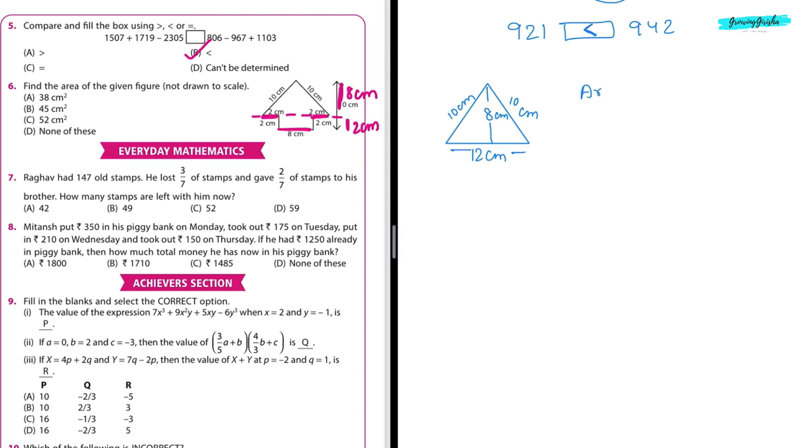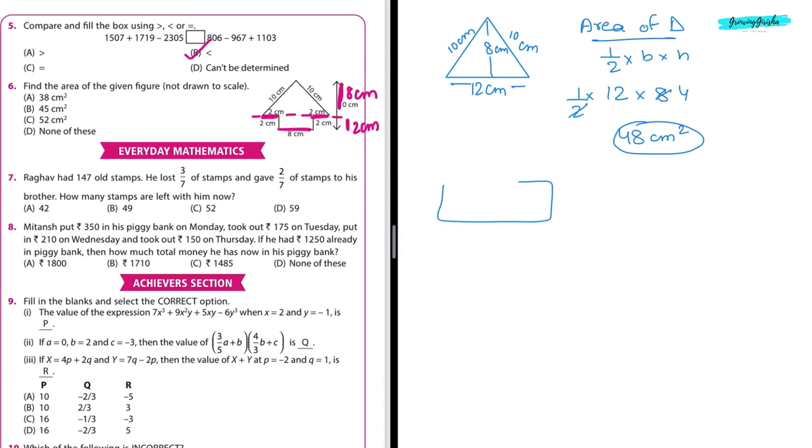Now to find the area of the triangle, we'll use the formula half into base into height. Base is 12 centimeter and height is 8 centimeter. 12 fours are 48. That means the area of the triangle is 48 centimeter square. Now the rectangle.